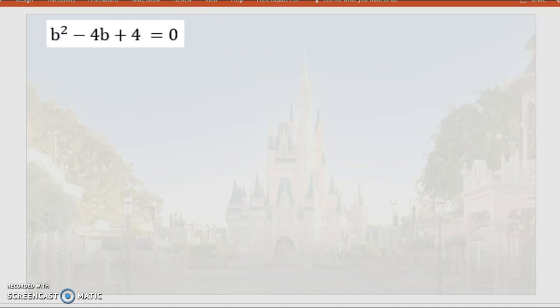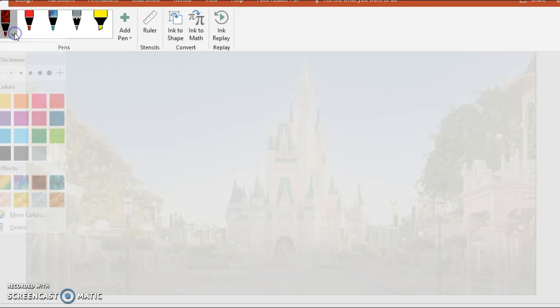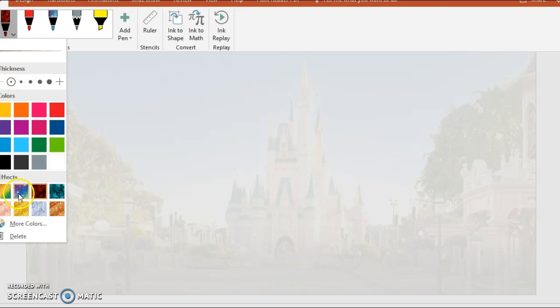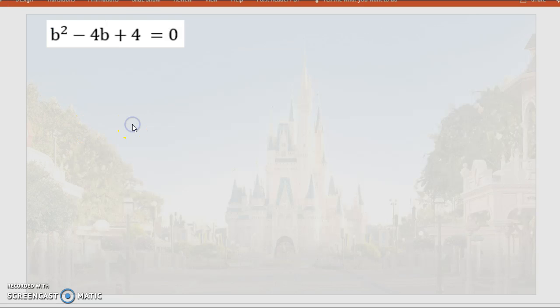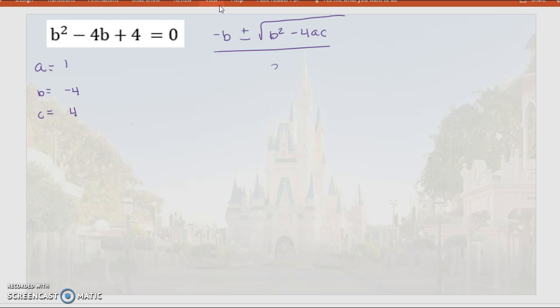All right, last example. If you're still with me and you still want more examples of this, I got you. Let's do purple. I know I am going fast, and if I am going too fast for you, just watch this recording again. That's the good thing about recordings. So A is 1, B is -4, and C is 4. x equals -b plus or minus square root of b squared minus 4ac, all over 2a.